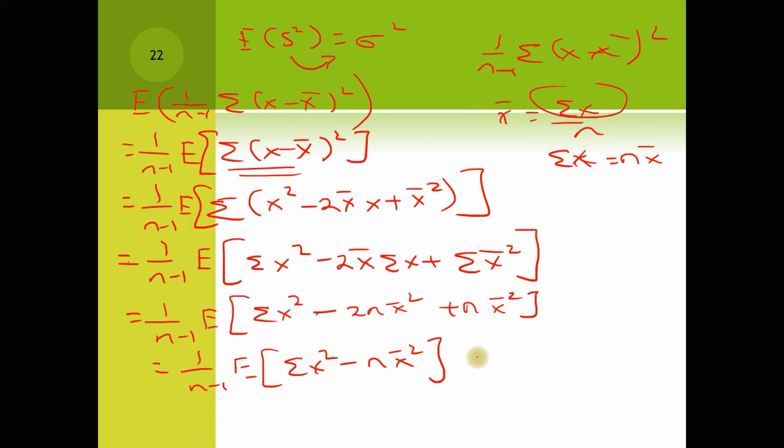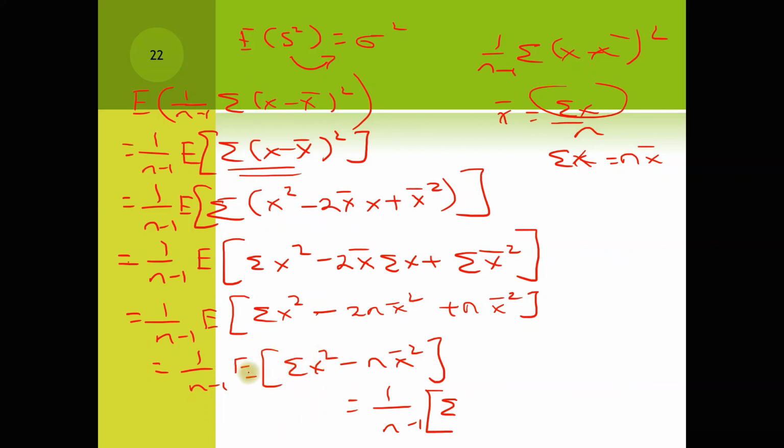So let's continue from there now. You see, if you just take it as it is here, you won't be able to do much, except if you do something else now. If you start by interchanging the summation with the expectation, you can do that. I'm just going to briefly explain this to you in a moment. But first of all, I interchange the sum with the expectation. So I bring in the expectation in there.